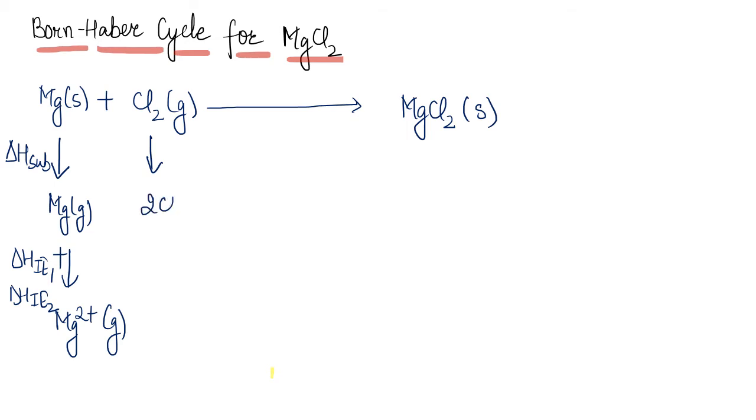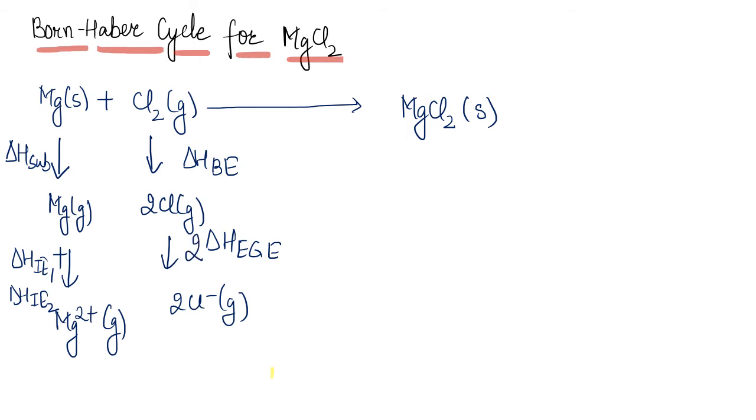Cl2 से हमें 2 Cl गैस बनाना है, so this will be bond energy in full. Okay, then इससे हम क्या करेंगे, 2 Cl गैस बनवाएंगे. This is called electron gain enthalpy. अब क्योंकि 2 Cl यूज हो रहे हैं, we will be using 2 electron gain enthalpy. Understand this?